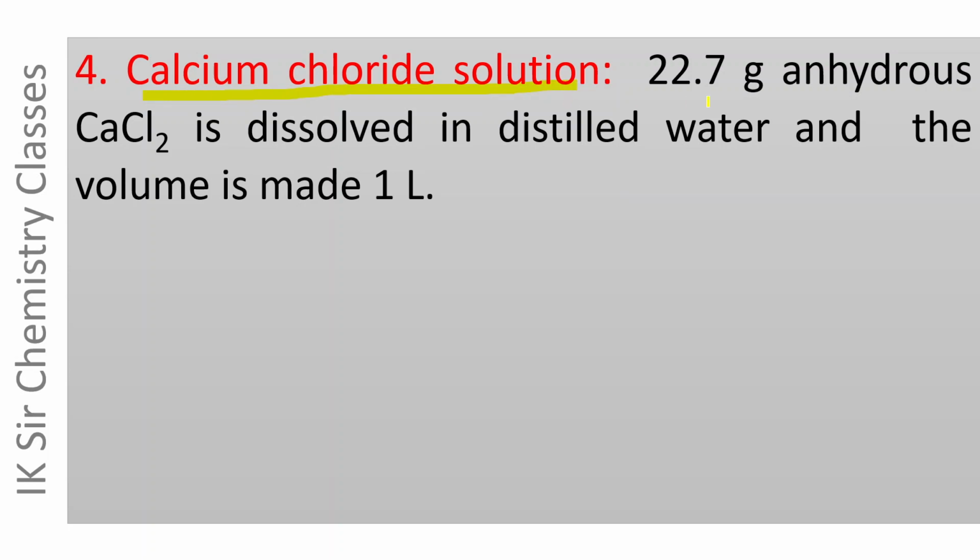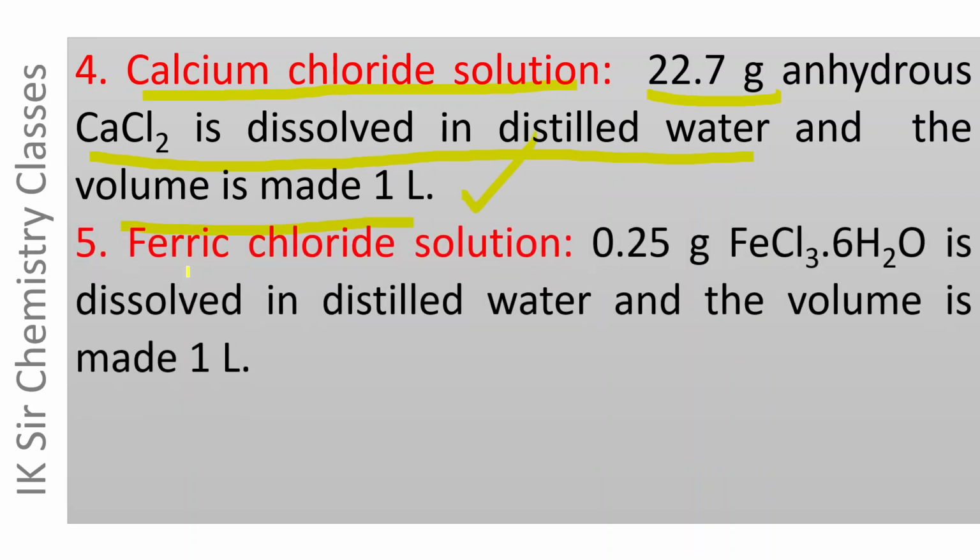For its preparation, 22.7 gram anhydrous CaCl2 is dissolved in distilled water and the volume is made 1 liter. Another solution required is ferric chloride solution. 0.25 gram FeCl3·6H2O is dissolved in distilled water and the volume is made 1 liter.